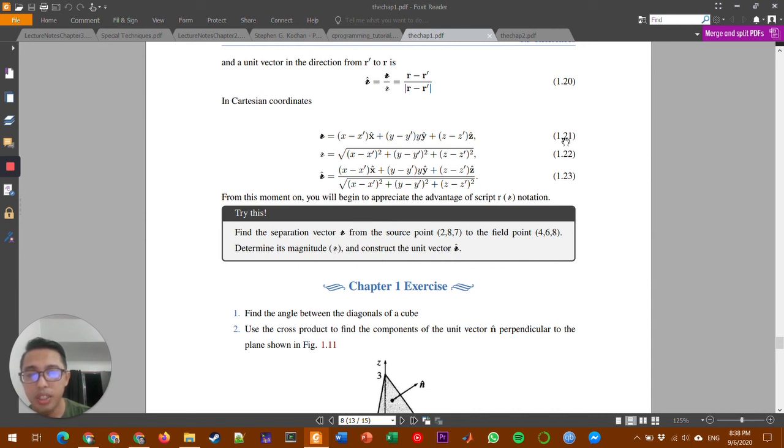Just use equations 1.21 to 1.23. Once you have it, try to submit it to me. You can work it out by hand, use a pen and paper, and then take a picture and send it to me.